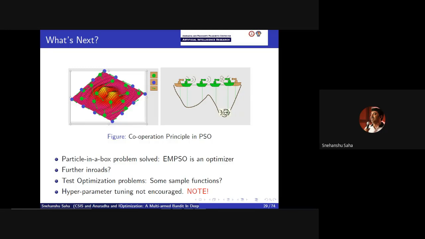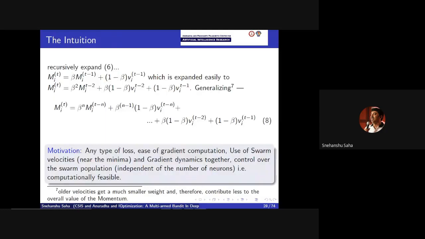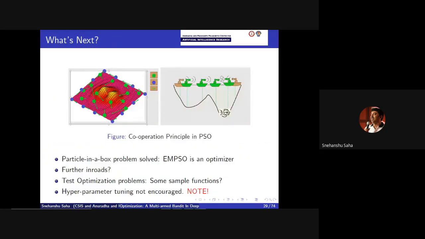But as you can see here, or for that matter in any meta-heuristic algorithm, there are hyperparameters and parameters to tune. So the question at this point is that in a neural network setting, where we already have a large number of parameters to handle, if we bring in particle swarm dynamics, aren't we complicating our life by having to handle more parameters?